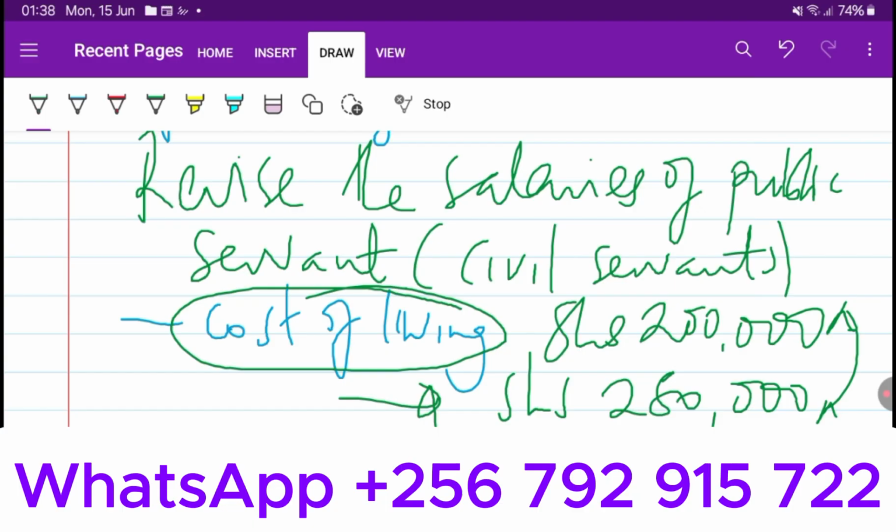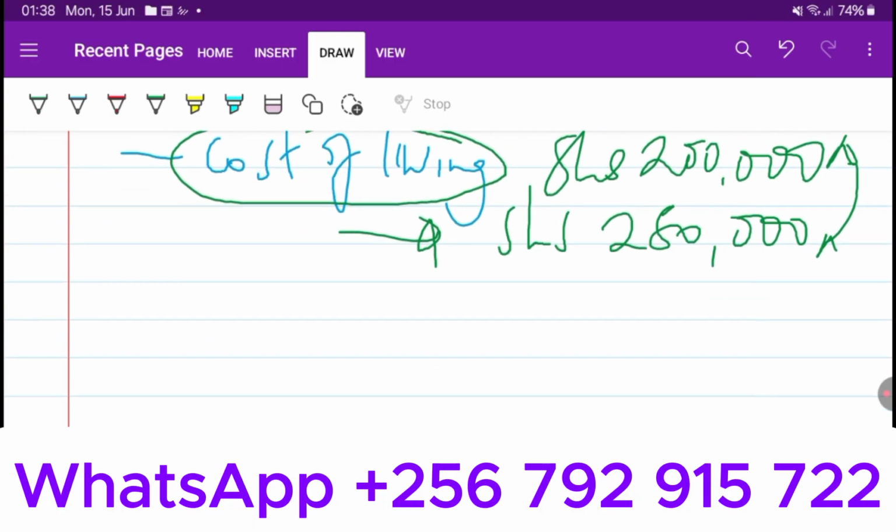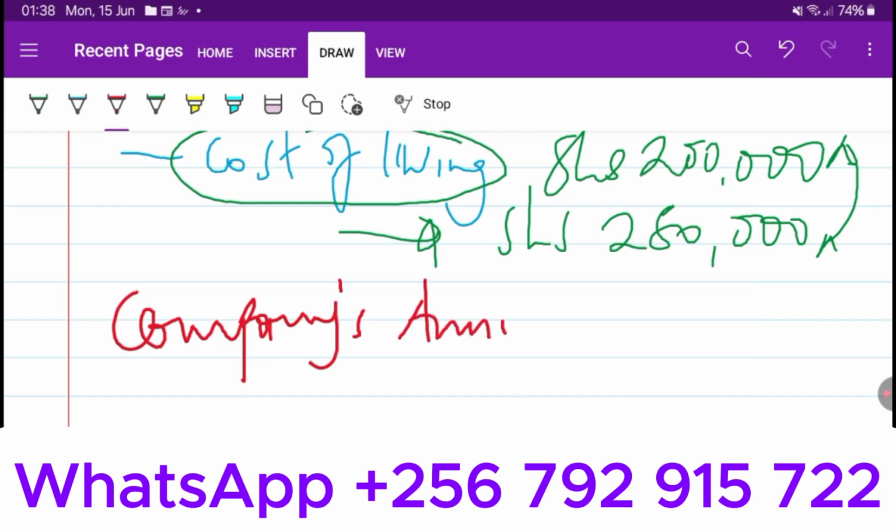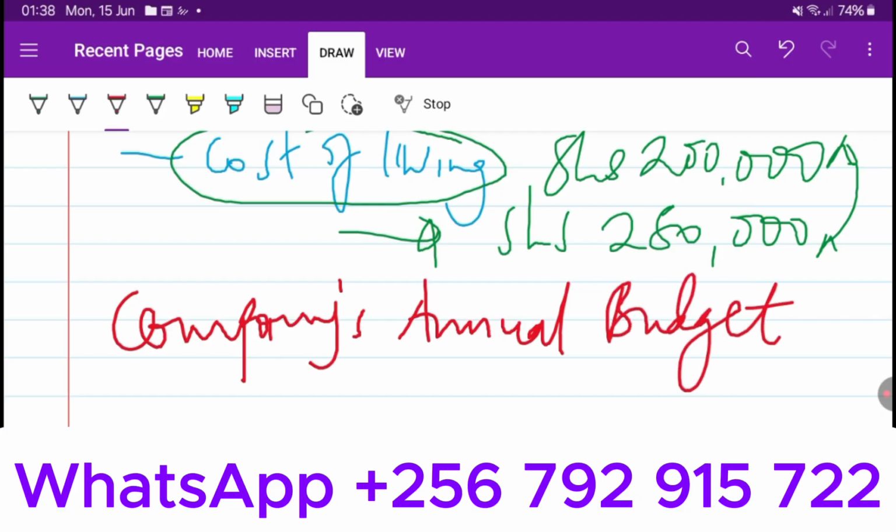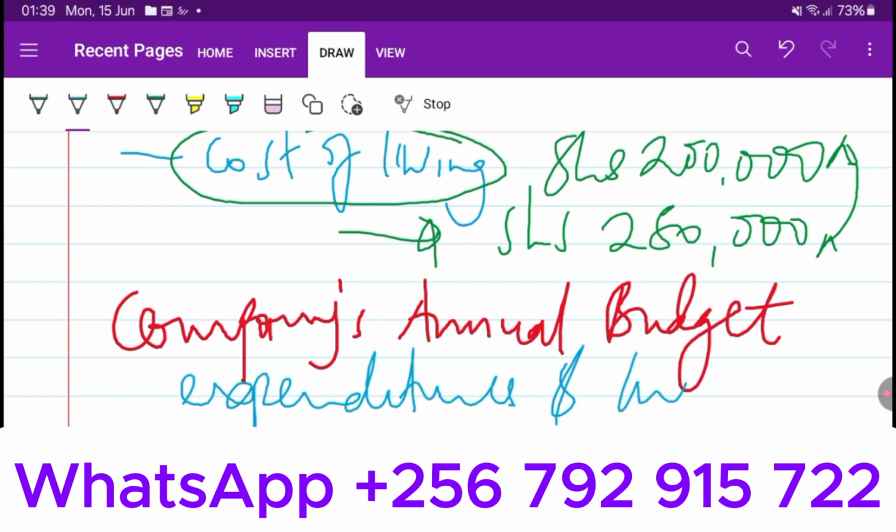The other example that you can talk about as far as making administrative decisions is that if you're looking at a company and you want to prepare the company's annual budget, you are going to find that this is made possible by using statistics to estimate both the expenditures and the incomes.